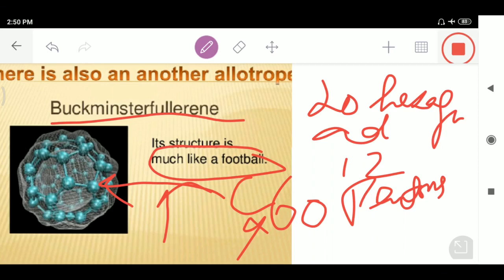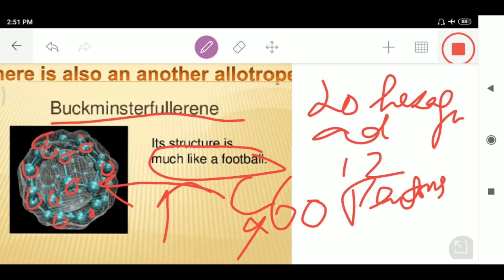So the arrangement of the carbon atoms resembles a football made up of 20 hexagonal and 12 pentagonal panels, and each corner of each panel represents a carbon atom. These are the carbon atoms joined together in a regular fashion.